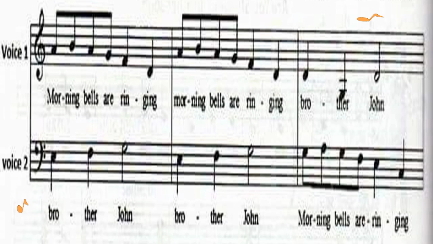So, in the second line of the song, the first group is already singing the phrases: Morning bells are ringing, morning bells are ringing, Brother John. Brother John.